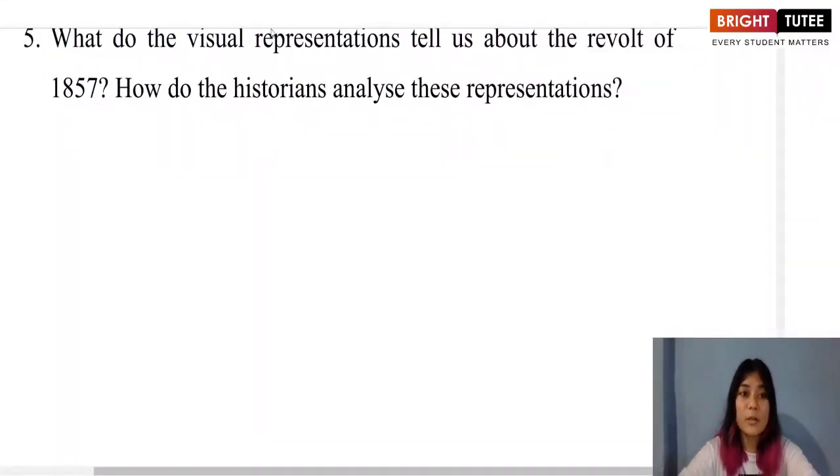The next question, what do the visual representations tell us about the revolt of 1857? How do the historians analyze these interpretations?